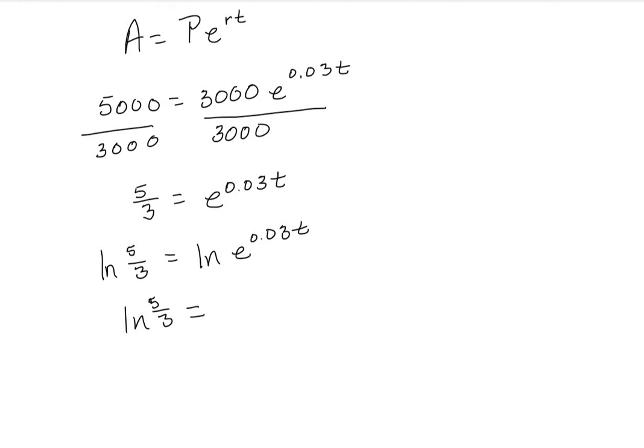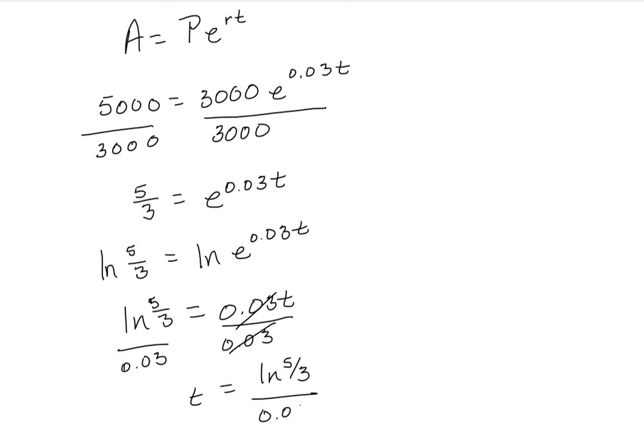Remember this saying, what power do I need to raise e to get e to the 0.03t power? Well, 0.03t is what I need to raise it to. And now I can divide both sides of my equation by that coefficient. And that will cancel. So t equals the natural log of 5/3 divided by 0.03. And that's going to be approximately 17 years.